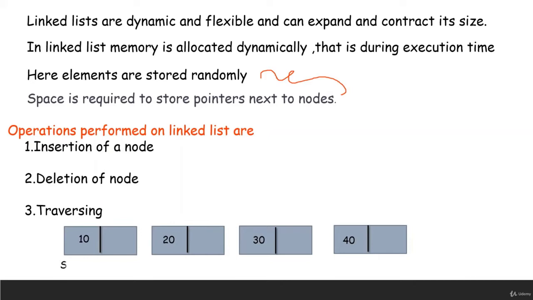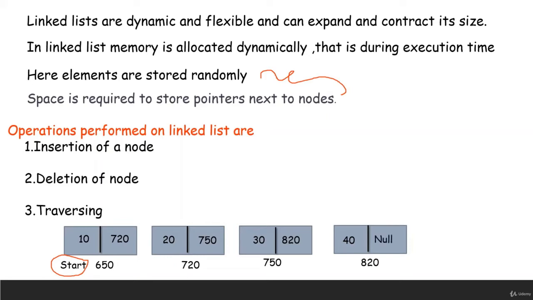This is the start, meaning this is the first node in the linked list, which is also known as start, having its own address as, let's say, 650, and its next part is holding 720, which is the address of the next node. Likewise, in the same manner, each next part of the nodes is holding the address of the next node.